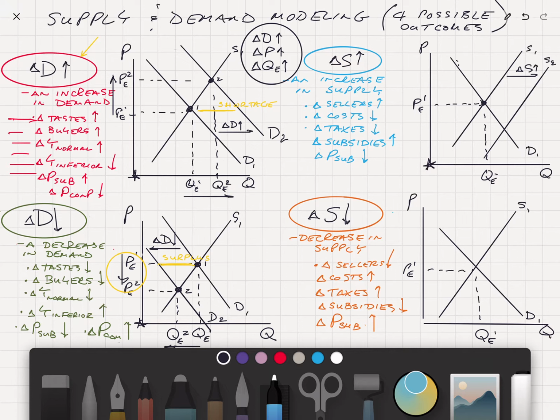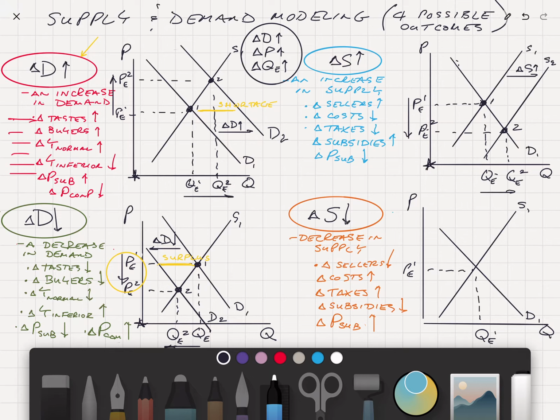You started out at this initial equilibrium, and you went to this equilibrium. Notice what happens here. Your equilibrium price will fall and your equilibrium quantity will increase. Okay? What caused this to happen?